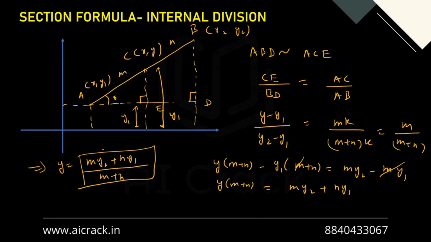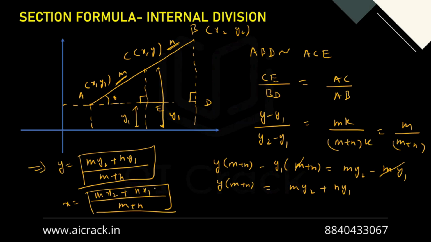Now I can do exactly the same calculations for the x coordinate as well. Similarly, I'll get the x coordinate as (m x2 plus n x1) divided by (m plus n). Now you can remember this in this format: the left hand side ratio number m is being multiplied by the right hand side coordinate, and the right hand side number n is being multiplied by the left hand side coordinate.